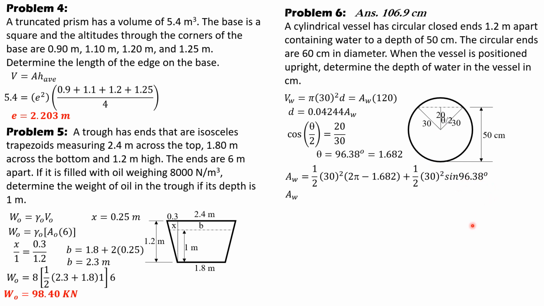So with your calculator, the area of the water section is 2,517.746 square centimeters. Substitute into this formula. So D equals 0.04244 times 2,517.746. So the depth in the upright position is 106.9 centimeters.